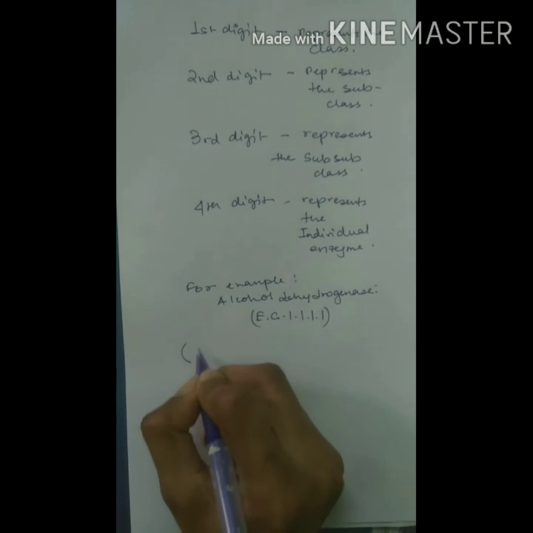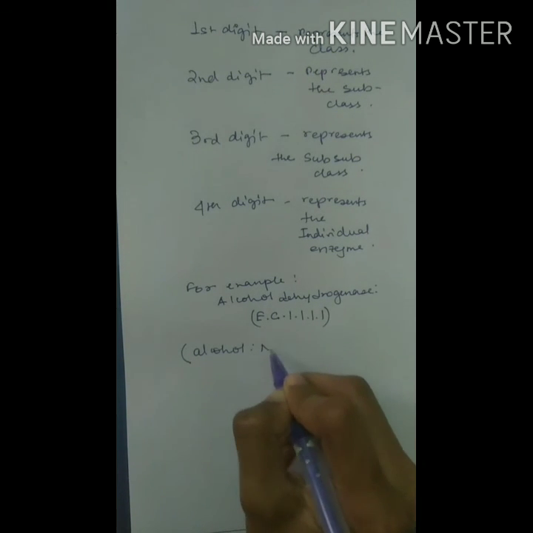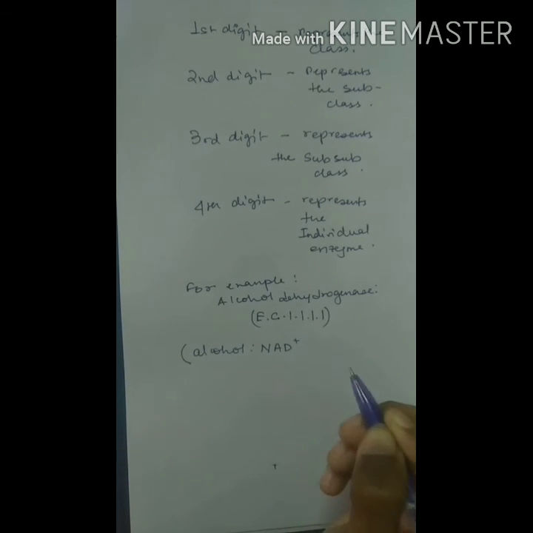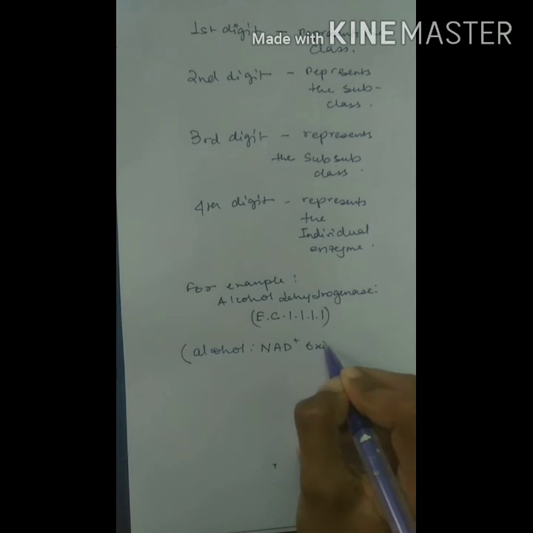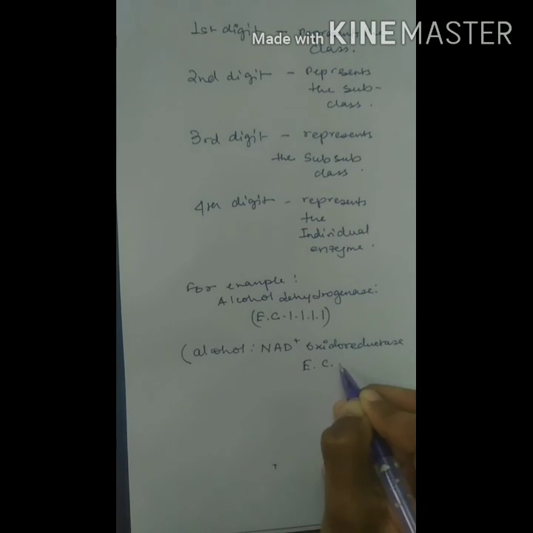It is actually alcohol NAD plus oxidoreductase, EC 1.1.1.1.